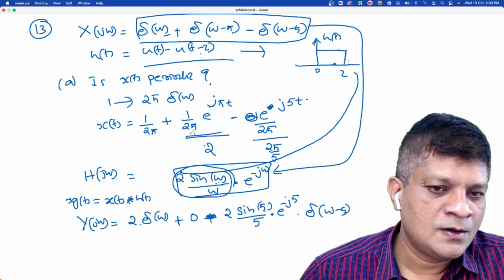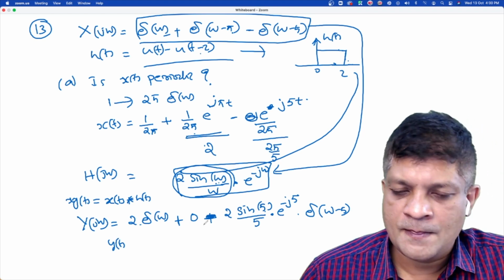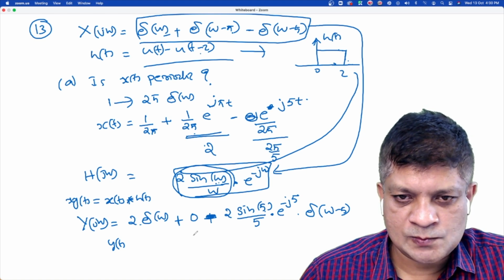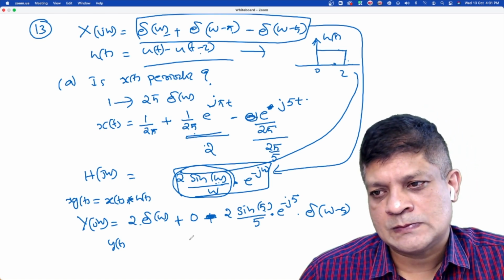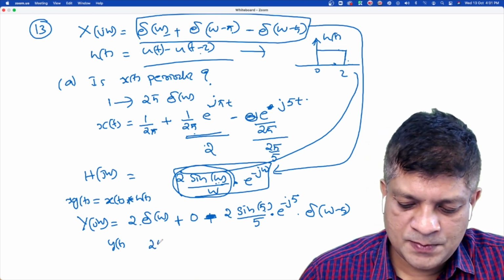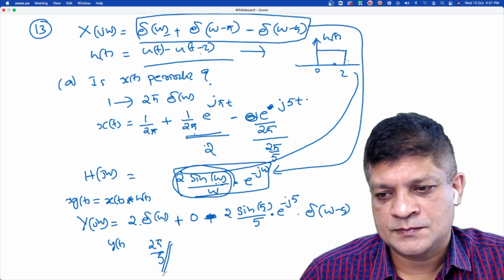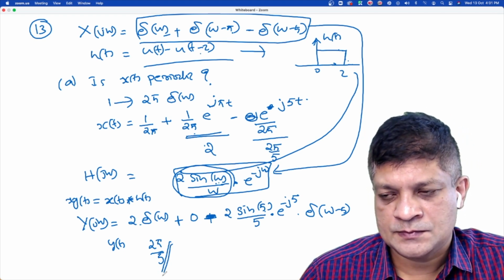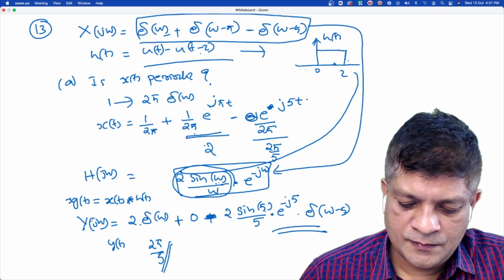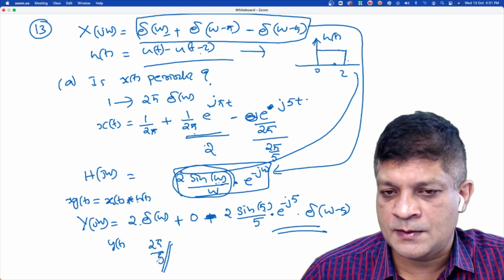What is the fundamental period of this signal y(t)? 2 pi by 5. So x(t) convolution h(t) is a periodic signal with fundamental period 2 pi by 5.